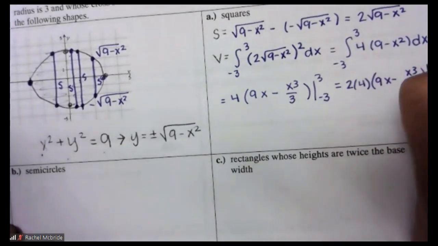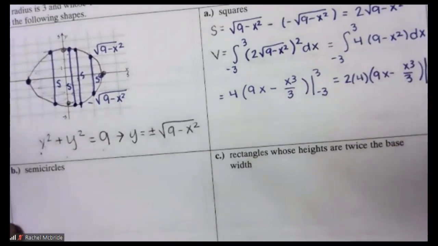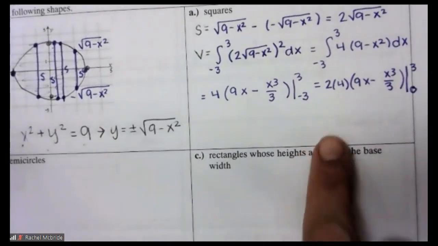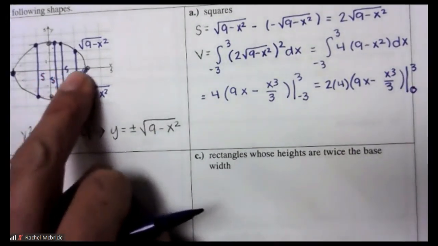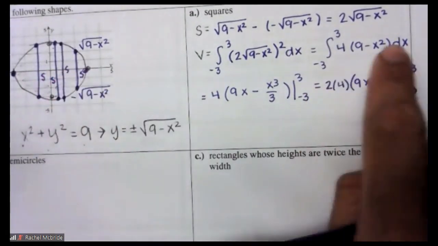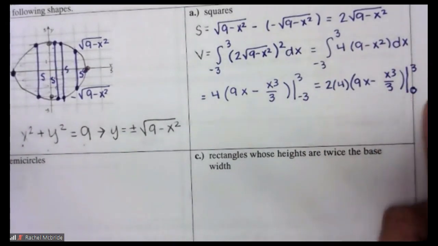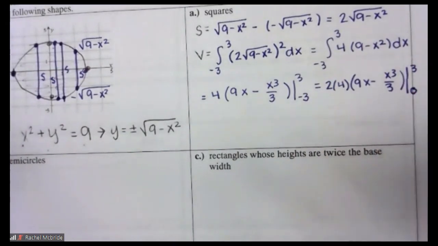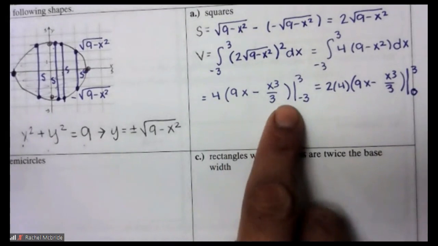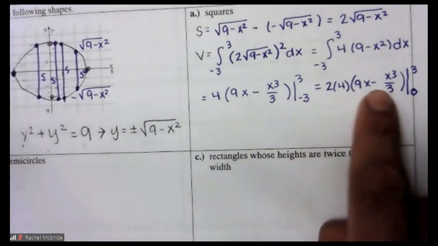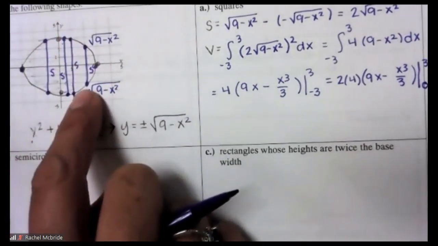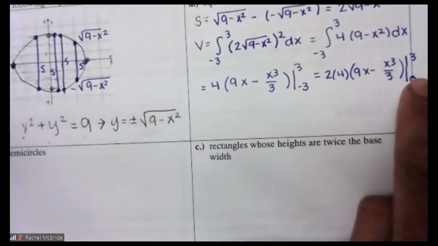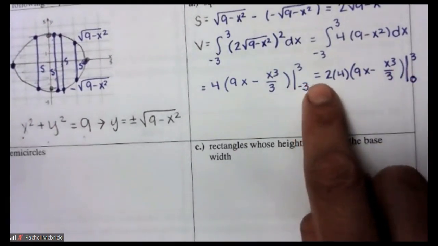They would double the volume, but only integrate from the middle to the right. The reason you would rewrite it like this is to give you a 0 when you plug in, as opposed to a -3. Does everybody understand how I can double it since it's symmetric at 0? You could rewrite your bounds to include that symmetry and double your volume.